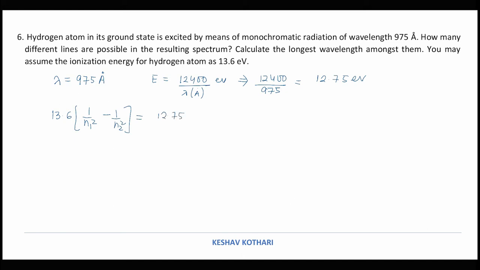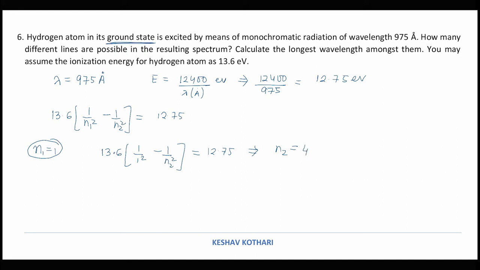So from here we are saying that n1 is equal to 1 because the question is saying that it was in its ground state, that is n1 was equal to 1. So from here we are calculating for n2. So we can write this equation as 13.6 into 1 by 1 square minus 1 by n2 squared is equal to 12.75, and then from here we obtain n2. So we obtain n2 is equal to 4.